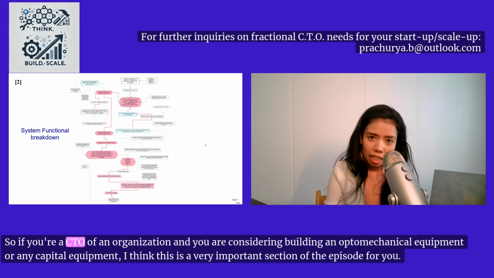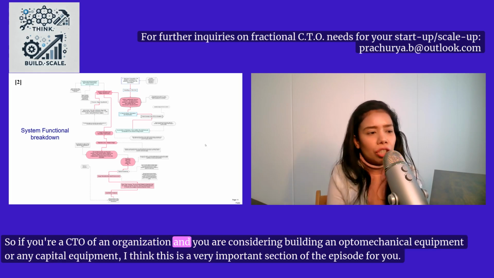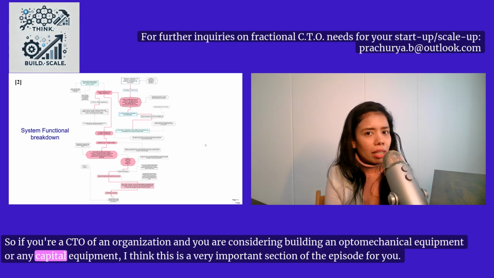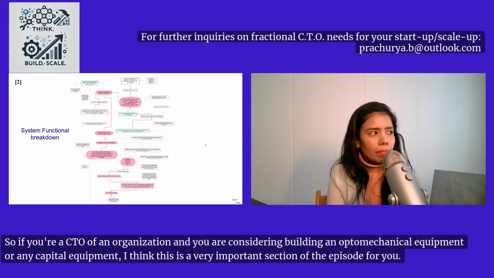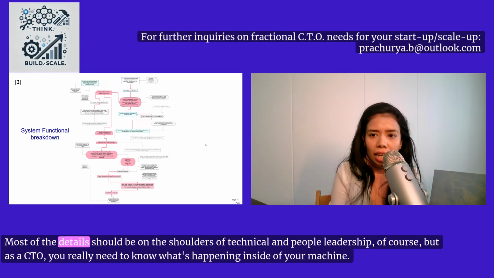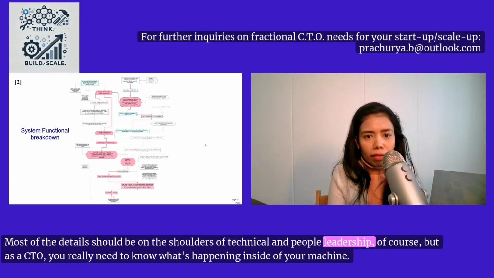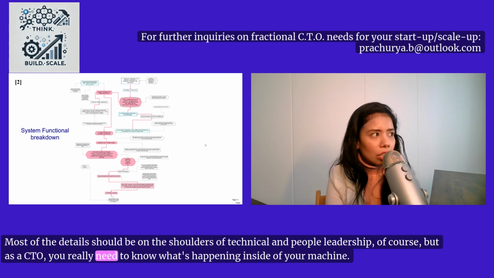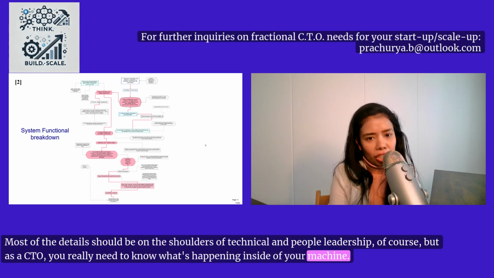So if you're a CTO of an organization and you are considering building an optomechanical equipment or any capital equipment, I think this is a very important section of the episode for you. Most of the details should be on the shoulders of technical and people leadership, of course. But as a CTO, you really need to know what's happening inside of your machine.